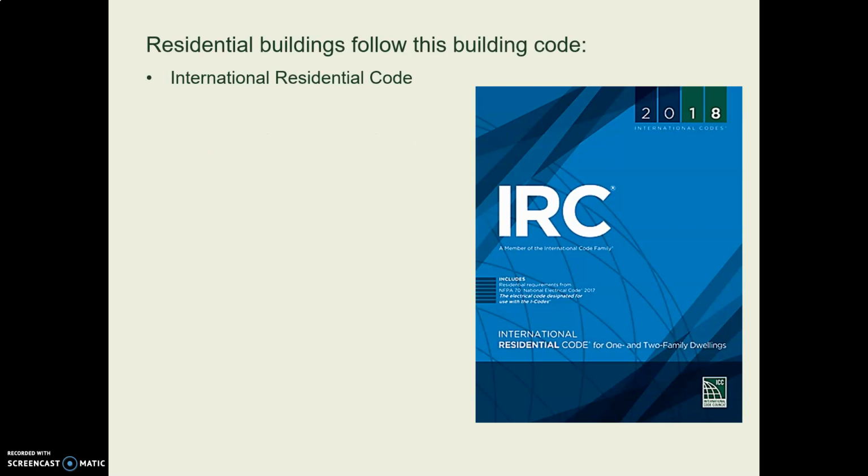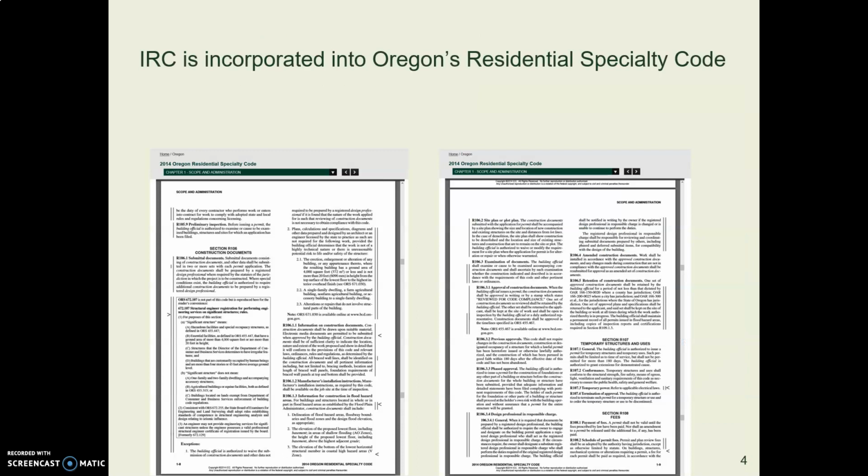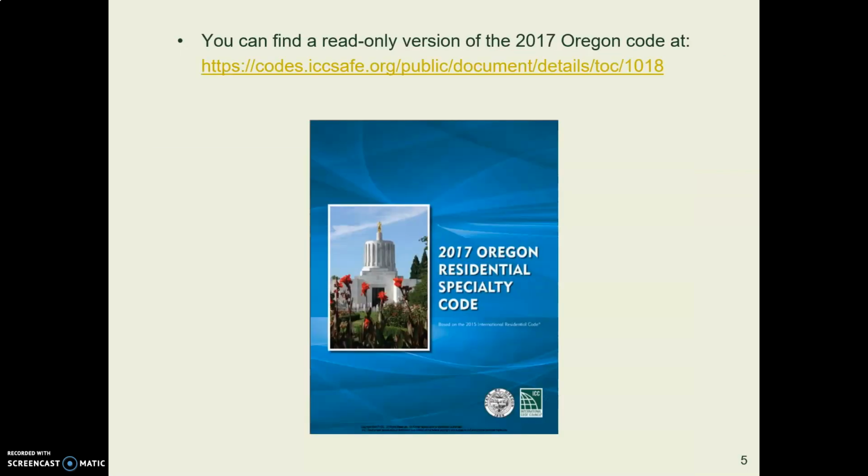All buildings are governed by building codes, and for houses, for residences, there is a special flavor of the code called the International Residential Code. Right now it's at version 2018, and it is incorporated into Oregon's state building code and into local jurisdictions as well, like Eugene, Springfield, Lane County.